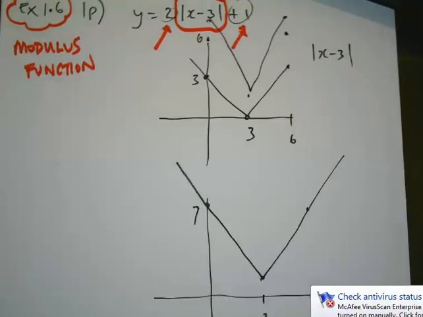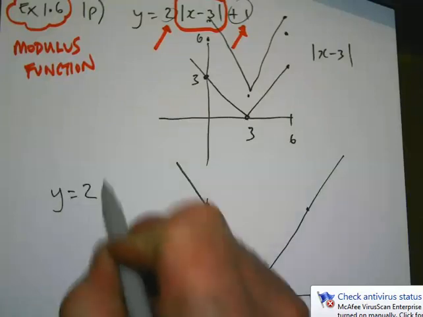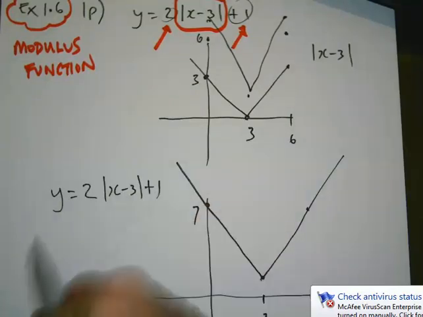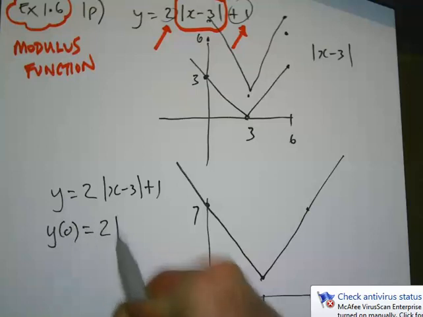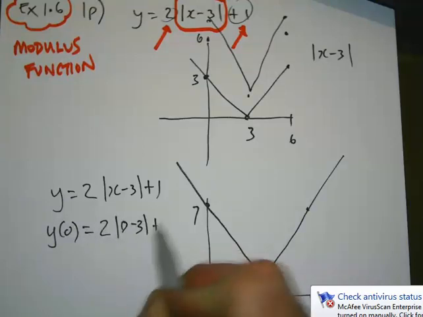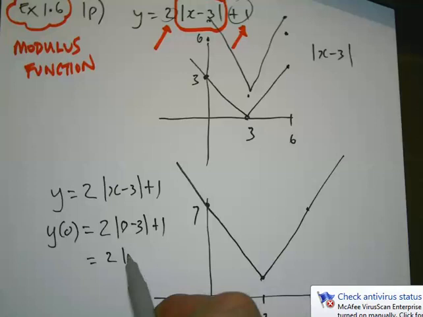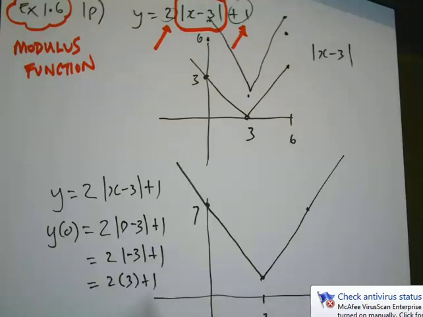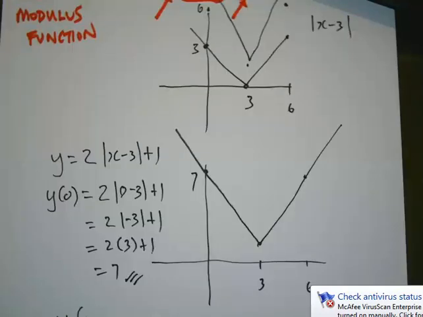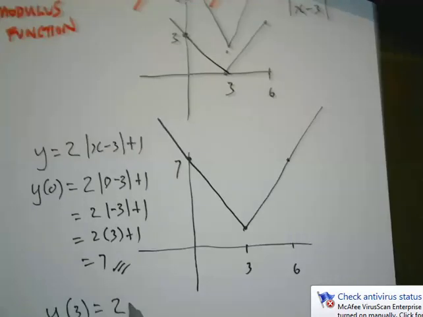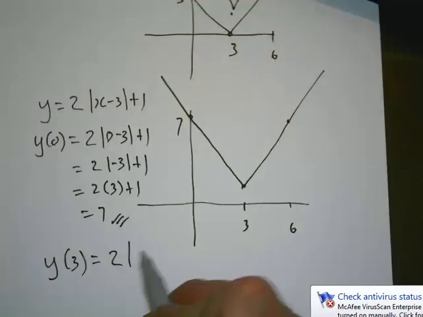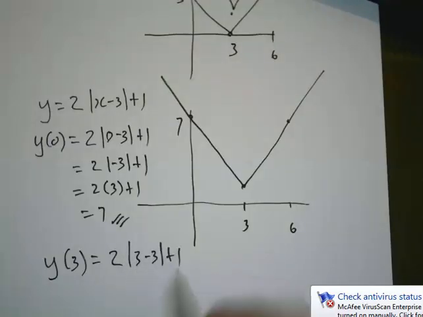Just to confirm that, I've got y equals 2 times the modulus of x minus 3 plus 1. y of 0 should equal 2 times the modulus of 0 minus 3 plus 1, 2 times the modulus of negative 3 plus 1, 2 times 3 plus 1, 7. Makes sense. And y of 3 should equal 2 times the modulus of 3 minus 3 plus 1, 2 times nothing plus 1 equals 1. Makes sense.